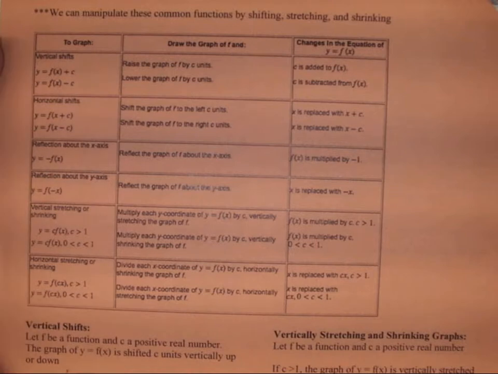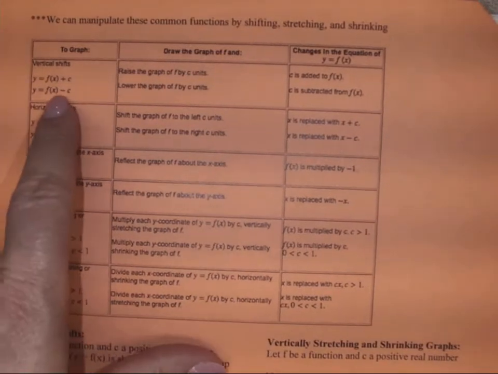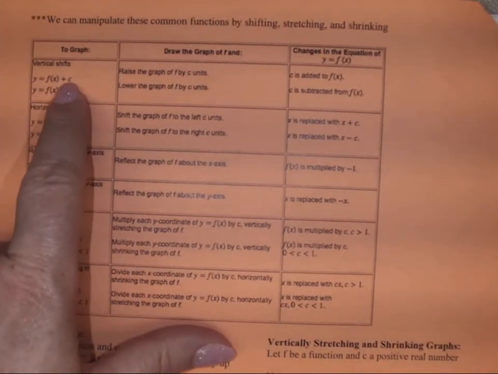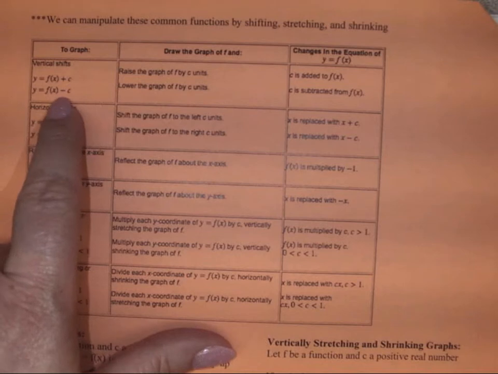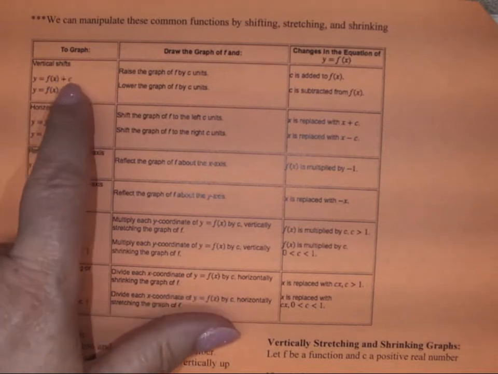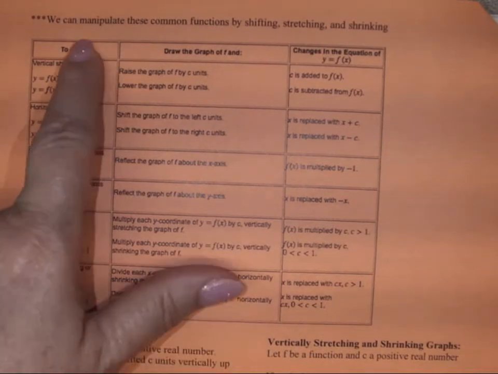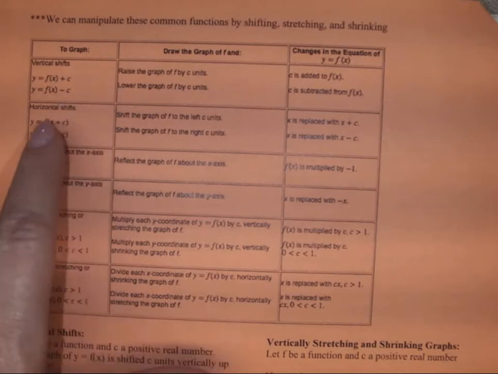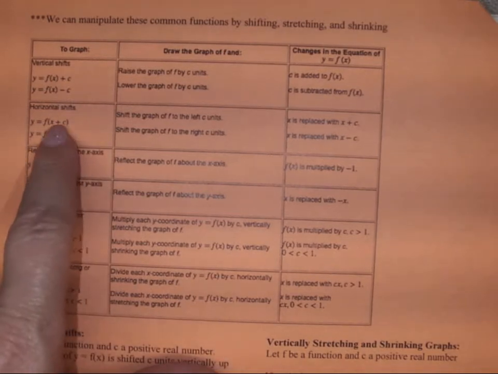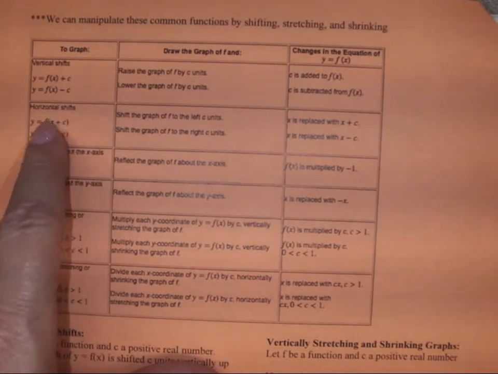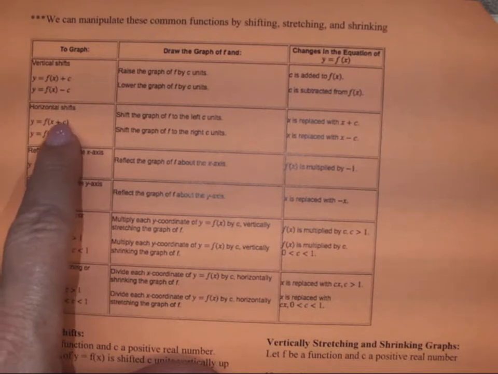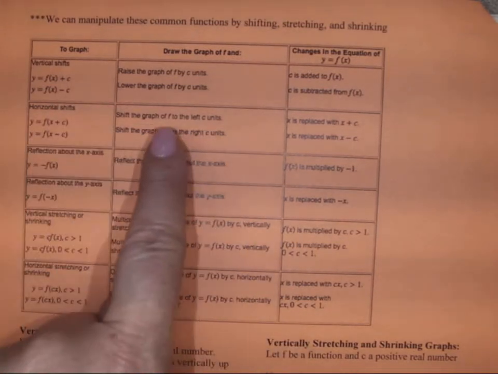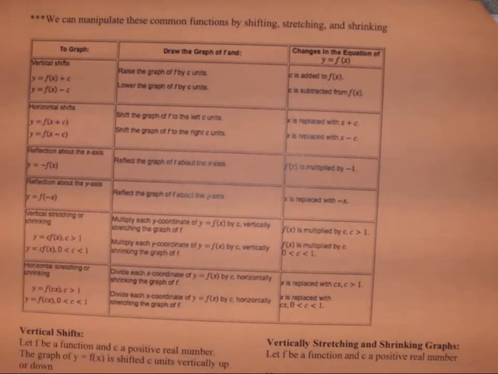So we can do vertical shifting, where when the addition or subtraction is on the outside, it's going to raise the graph or lower the graph. That's a vertical up and down. The horizontal, think about it stuck inside the parentheses, so it can only go back and forth. So when it's inside, it's going to shift the graph left and right.